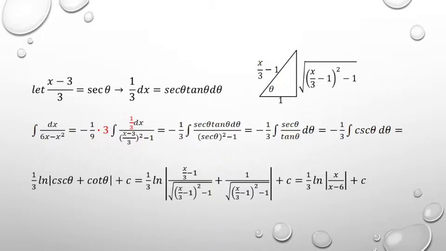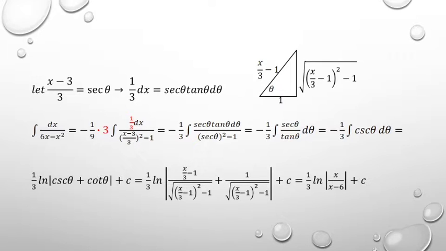And the problem, integral of dx over 6x minus x squared, will become negative 1/9 times 3 of integral of 1/3 dx over x minus 3 over 3 squared minus 1, and that equals negative 1/3 integral of secant theta tangent theta d theta divided by secant squared theta minus 1, and secant squared theta minus 1 equals tangent squared theta.